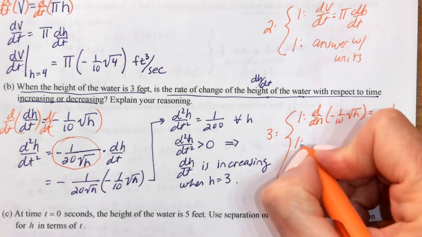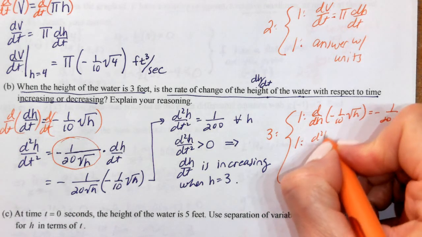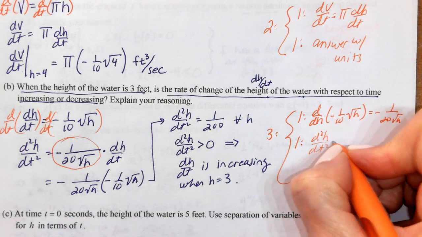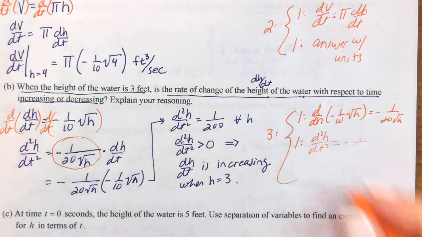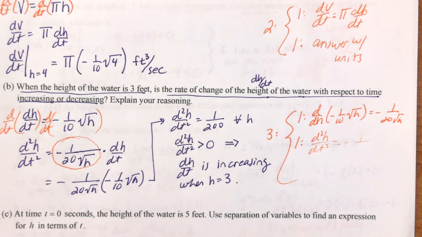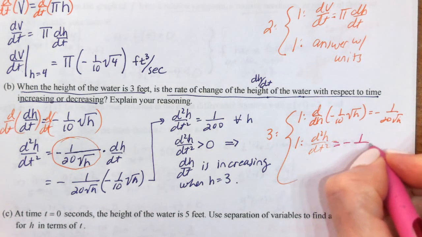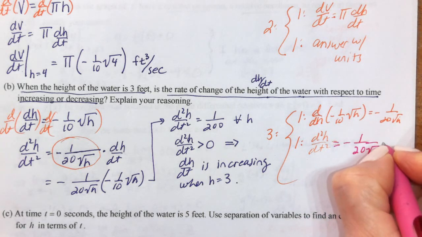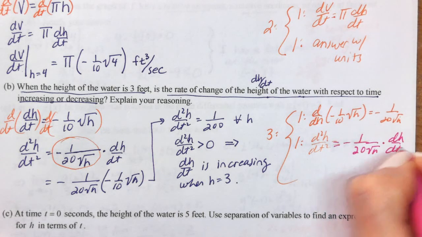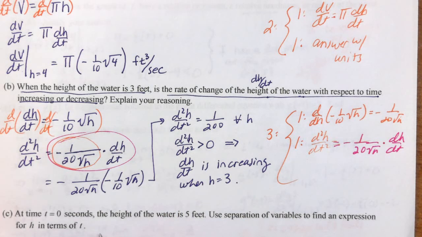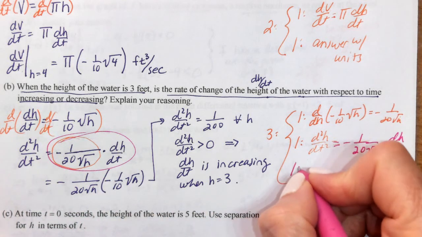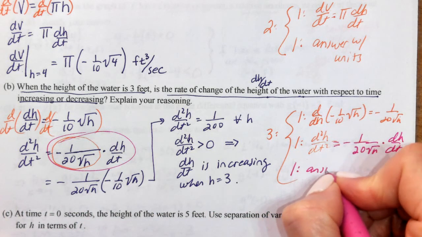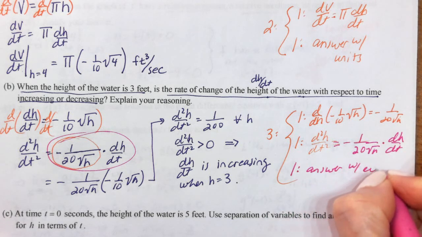And then 1 point for the second derivative being equal to, oh, my orange is leaving, I will go to pink, negative 1 over 20 square root of h times dh/dt. So that was what we had right here. They focus in on that chain rule part. They'd like to see that chain rule. And then 1 point for your answer with explanation.